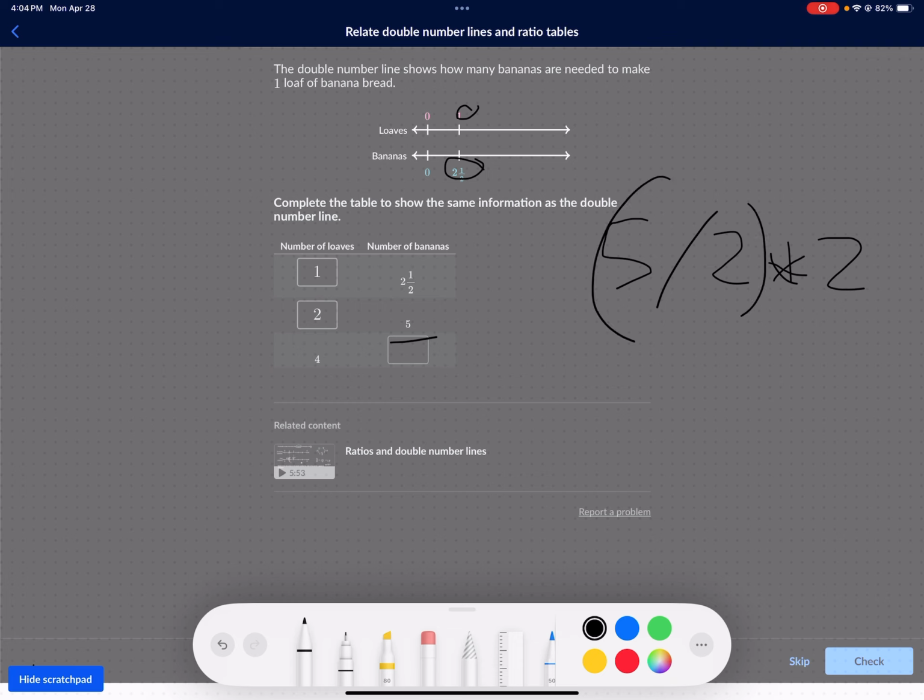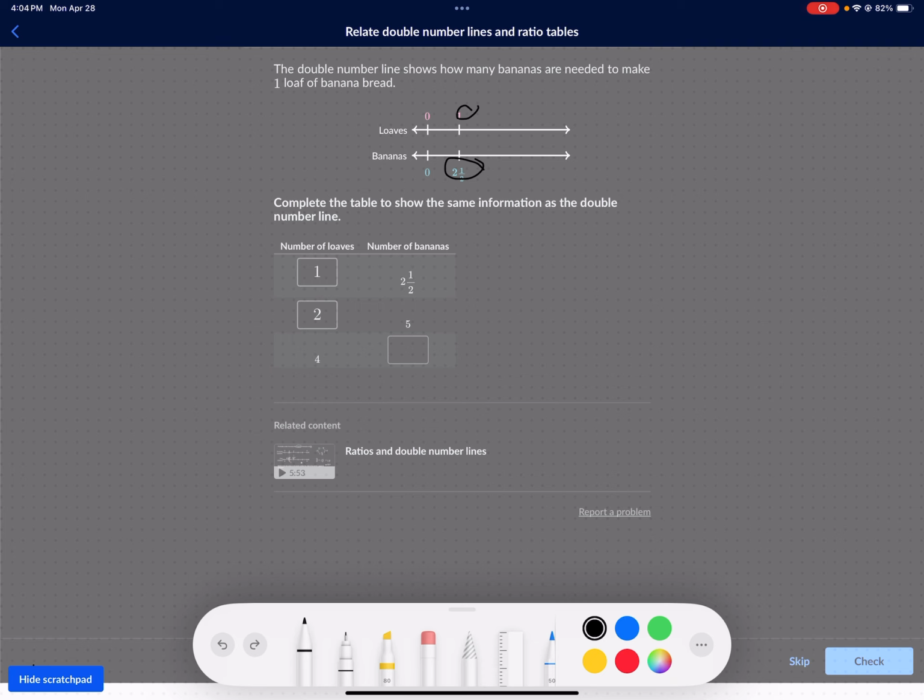We can either multiply the numerator by 2, or we can divide the denominator by 2. Whatever happens, we get 10 over 2 or just 5. So either way works. I personally don't do that, but that's just an easier way.